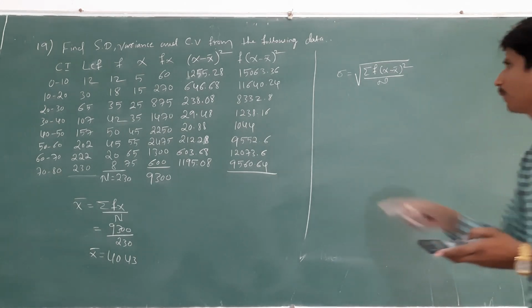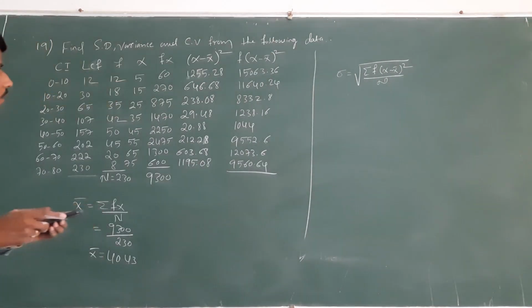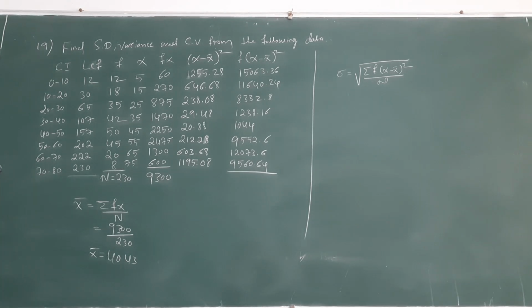Okay, here we have to add all these values. 15063.36 plus 11640.24 plus 8332.8 plus 1238.16 plus 1044 plus 9552.6 plus 12073.6 plus 9560.64.